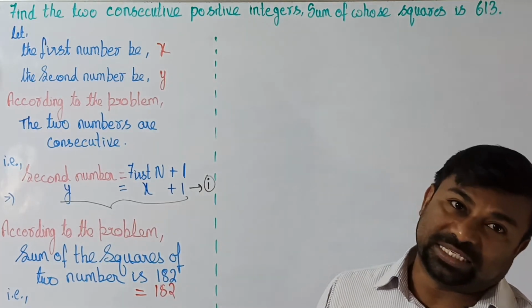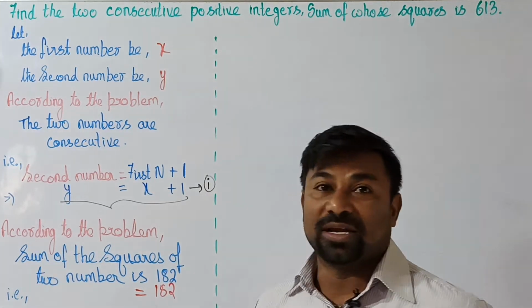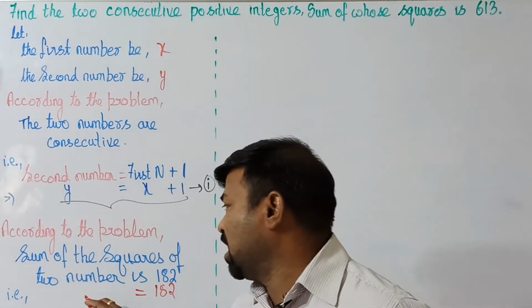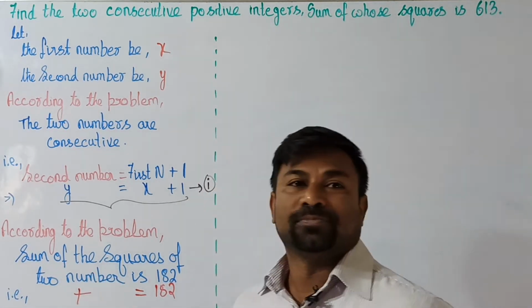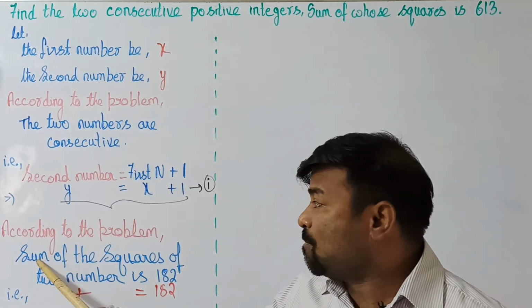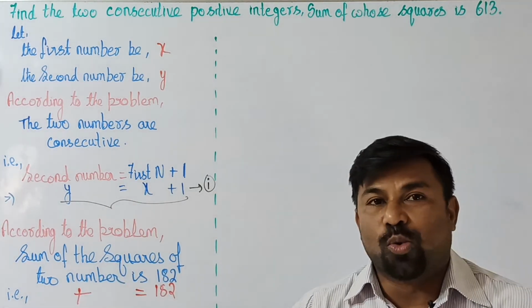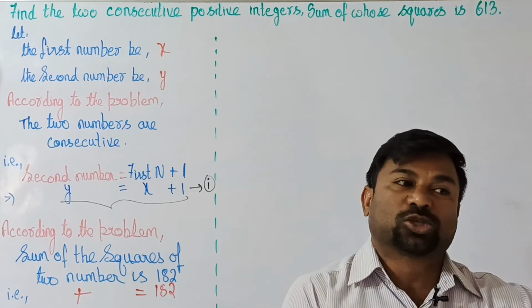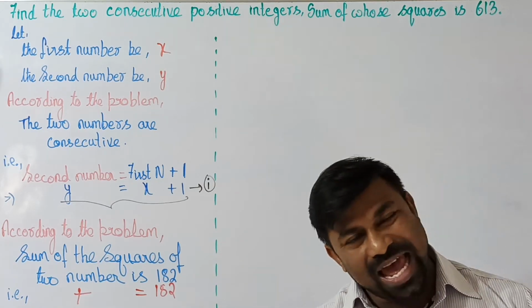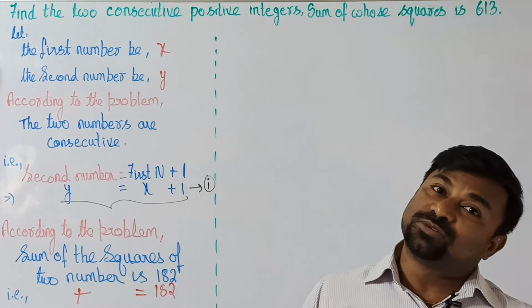But what is the meaning of sum here? Sum means plus. Sum of the squares of the two numbers means square of the first number plus square of the second number. That is what he is saying.